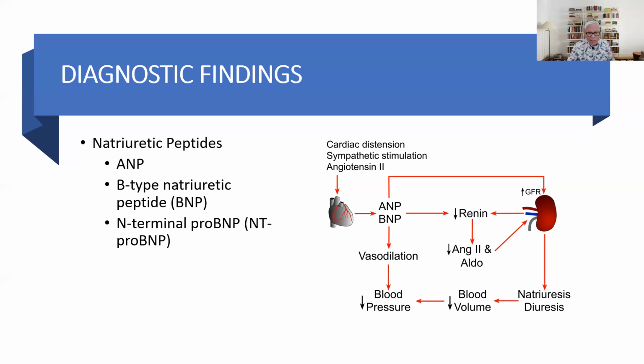So if that is the case, it would be very helpful to know that an increase in BNP is going to be a manifestation of ventricular overdistension.